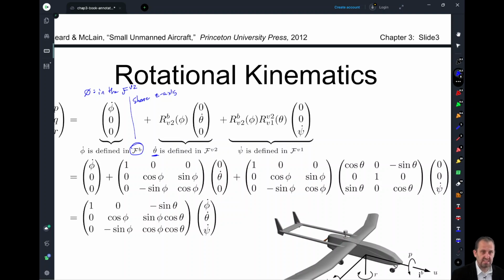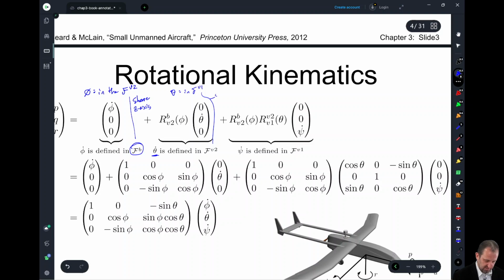Now, theta dot, similarly. Theta was defined in the vehicle 1 frame, but it shares the y-axis with the vehicle 2 frame, right?